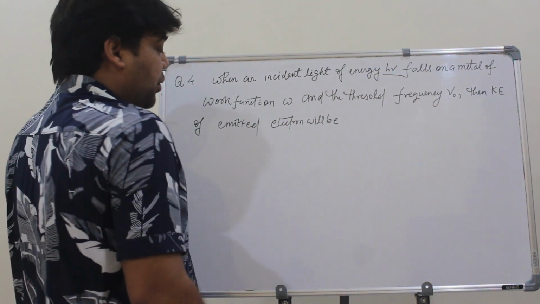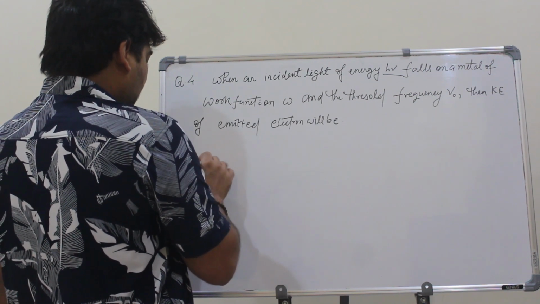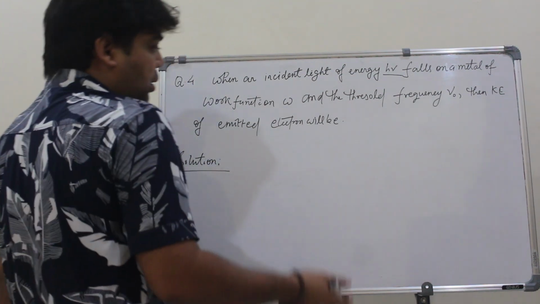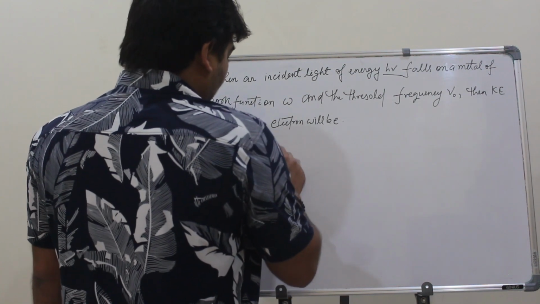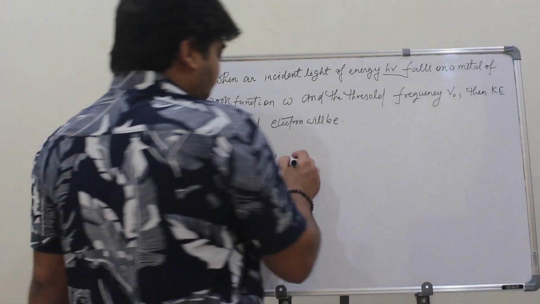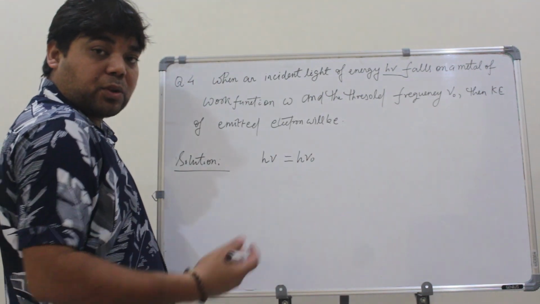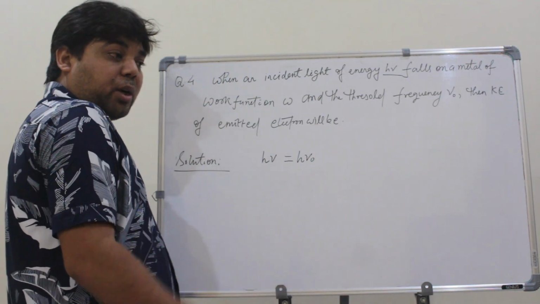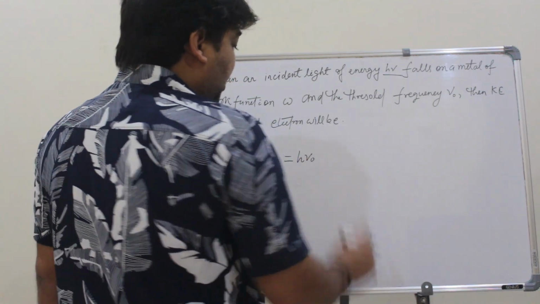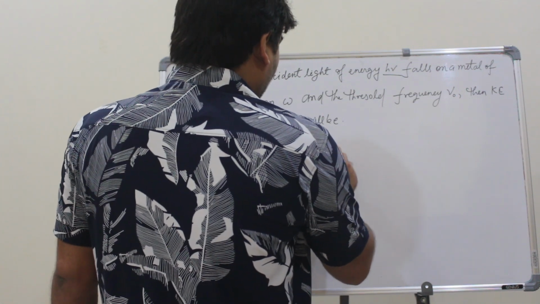So let us take a solution here. Use a simple conservation law. h nu is the total energy of the light falling on the surface, which equals h nu naught, the work function or basically the binding energy of the electron on the surface, which is the minimum energy required to bring the electron out, plus the kinetic energy.